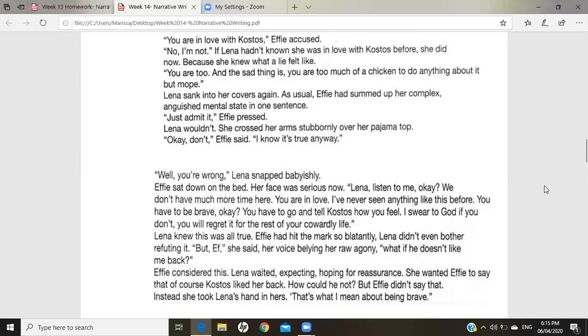Which part did you read that really confirms that? Miss, I'm just guessing. She wanted Effie to say that, of course, Costos liked her back. Good. That's the line.